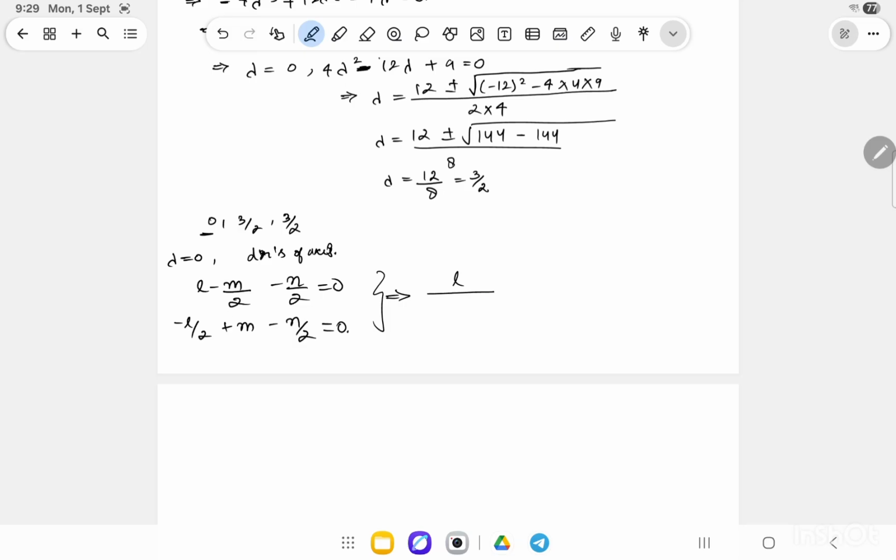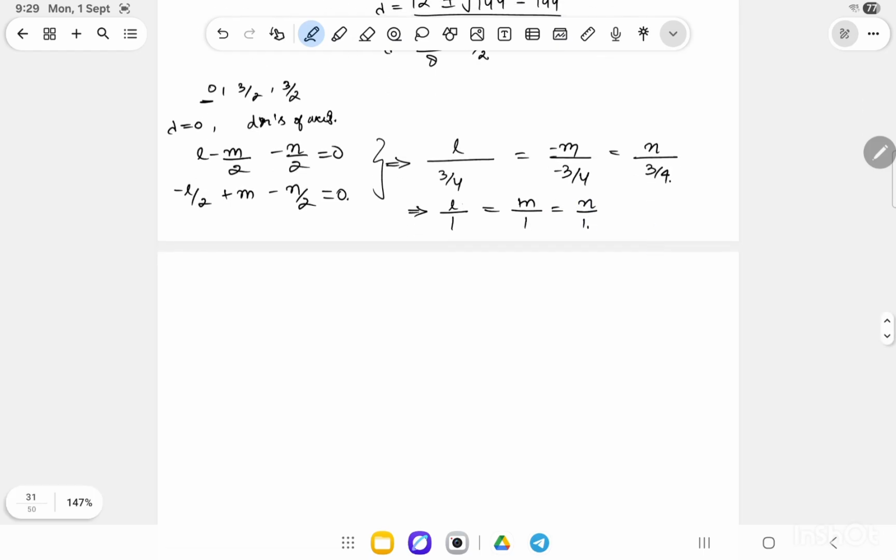I get l as 1 by 4 plus 1 by 2, that is 3 by 4, m as minus 1 by 2 minus 1 by 4, that is minus 3 by 4, and n as 1 minus 1 by 4, that again gives 3 by 4. If I divide throughout by 3 by 4, I get direction ratios as 1, 1, 1.